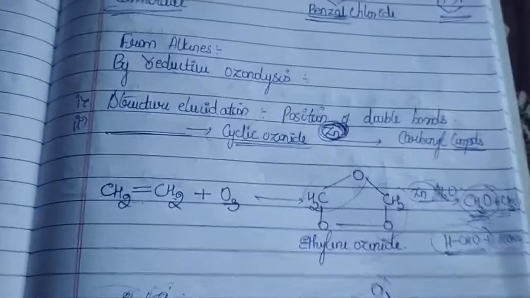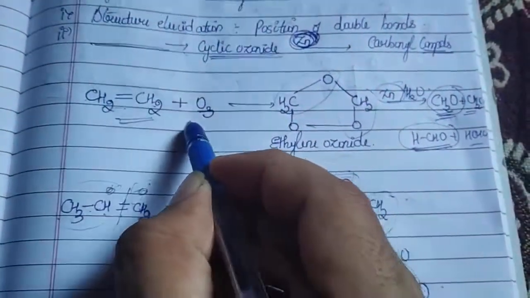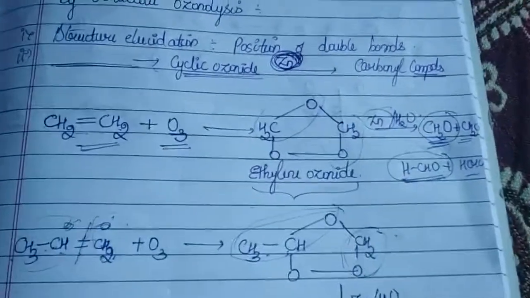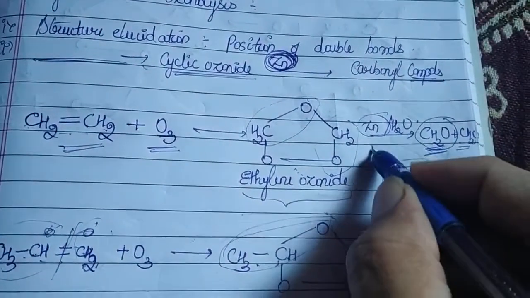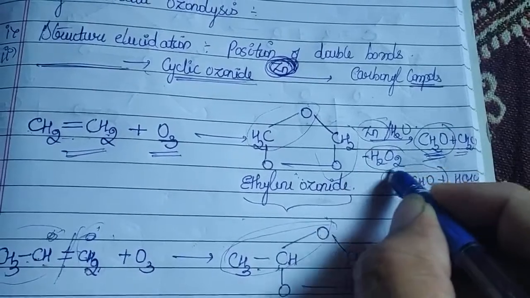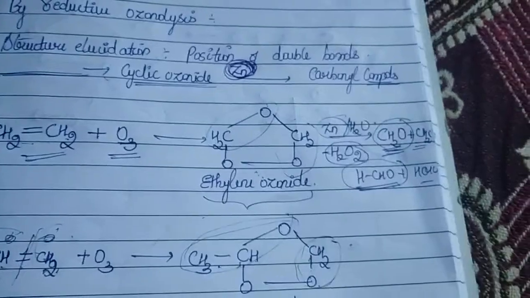The main reason is, as soon as your alkenes are treated with ozone, of course we are getting what? Cyclic ozonoid. Along with the cyclic ozonoid, we are also getting hydrogen peroxide. This hydrogen peroxide, we know it's a good oxidizing agent.